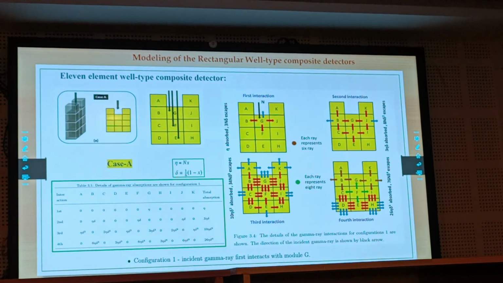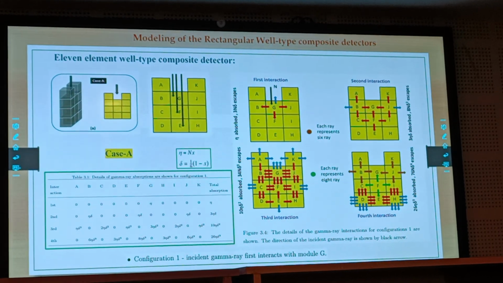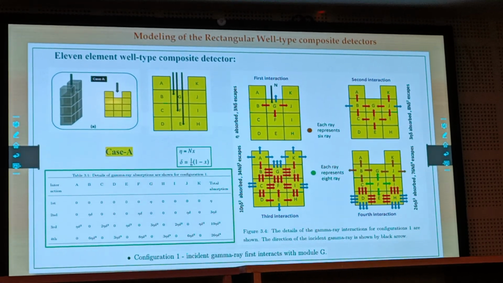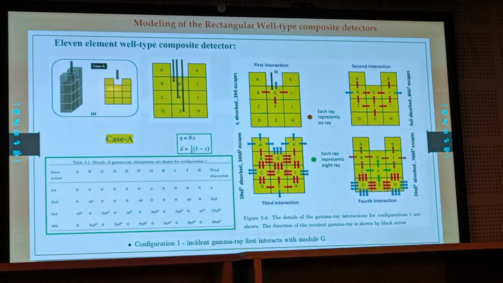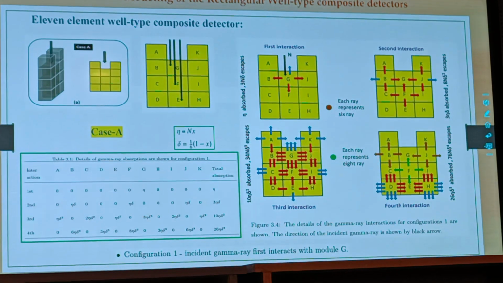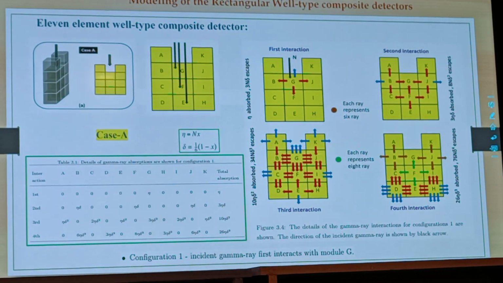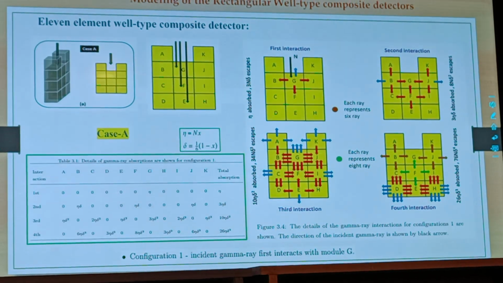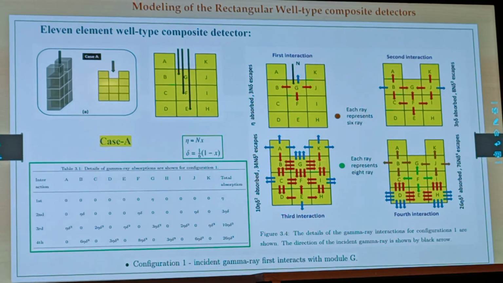In this way, after second interaction, the modules which receive the gamma ray interaction are shown in the third interaction, and after third interaction, in a similar way there will be a fourth interaction. Always in all these cases, one part will be absorbed, one part will be scattered to the nearby modules, and another will escape out from the detector module.